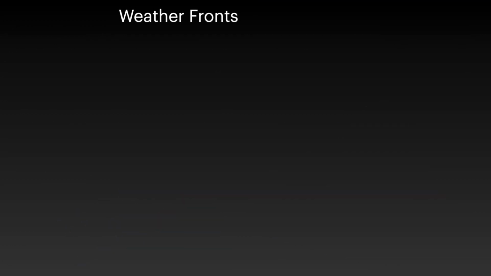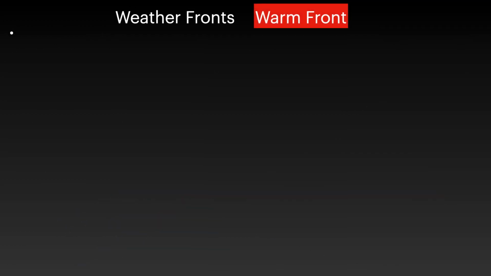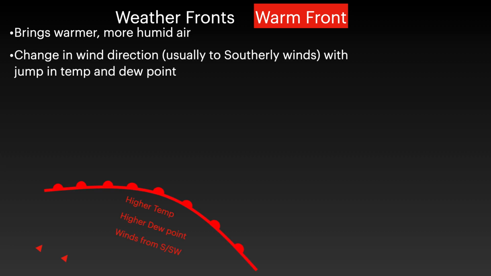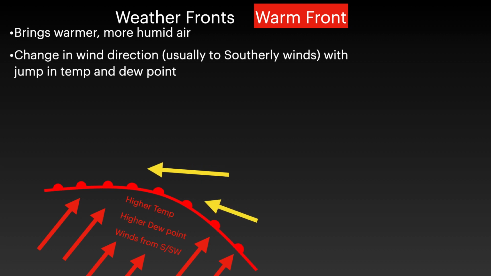On the other hand, a warm front is going to bring in warmer, more humid air. It's also going to bring in a change in wind direction, usually to the south. So again, the yellow arrows represent the unchanged winds before the front gets there. All of the red arrows show that the southerly winds are pushing that red warm front to the north.